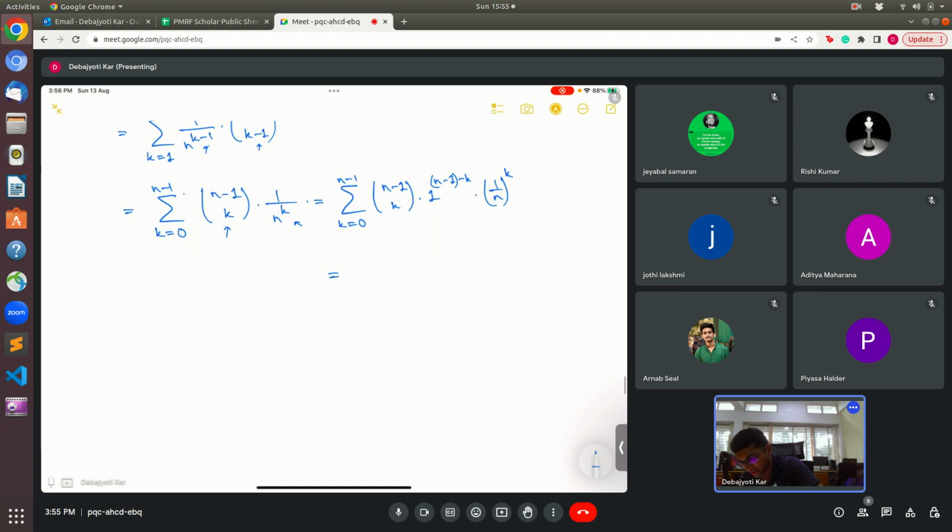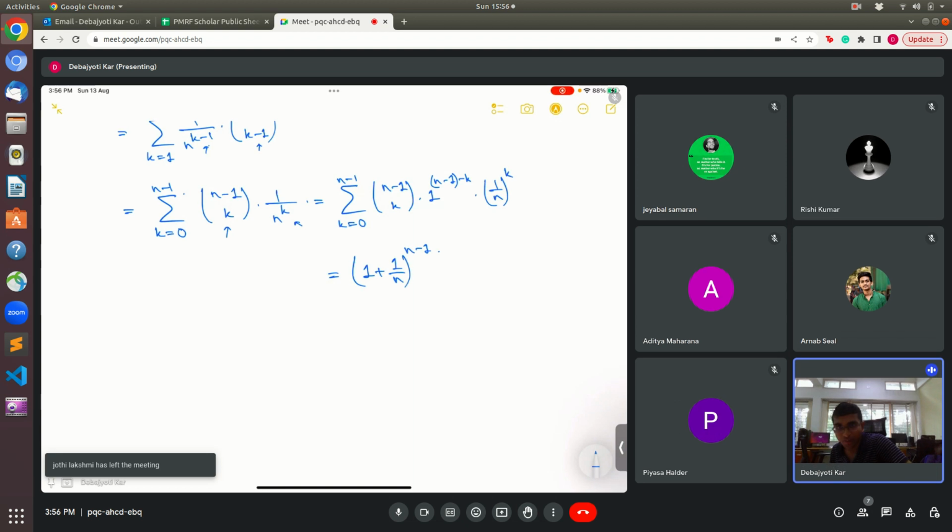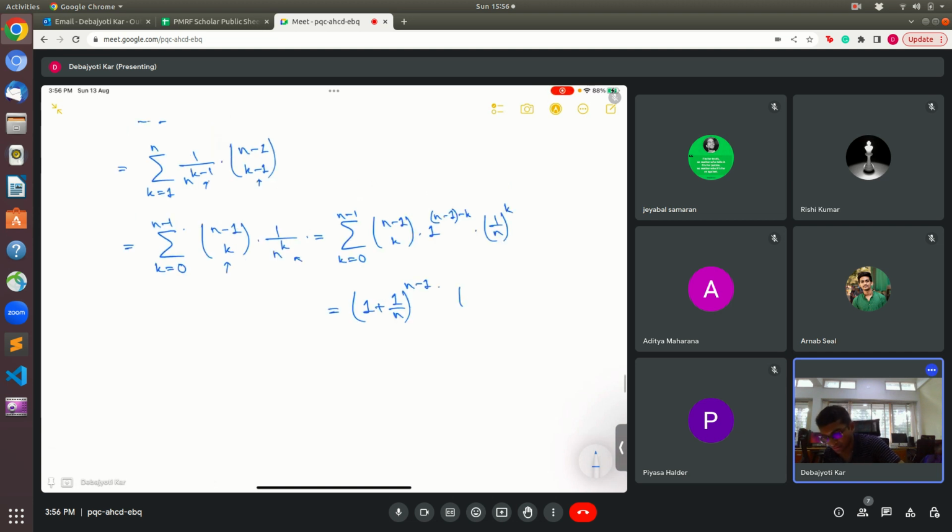So then this is nothing but the binomial expansion of this thing, (1 plus 1 by n) to the power n minus 1. If we do the binomial expansion, we'll get exactly this thing. Okay, so this is my answer. I hope it's clear.